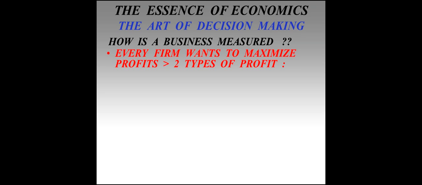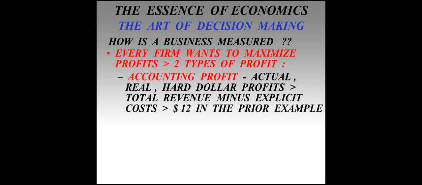And there are two types of profits that businesses keep an eye on. The first is accounting profit. What accounting profit is, is the actual, real, hard dollar profits. The total revenue for a business minus its explicit costs. In other words, the $12 in the prior example that we just looked at.